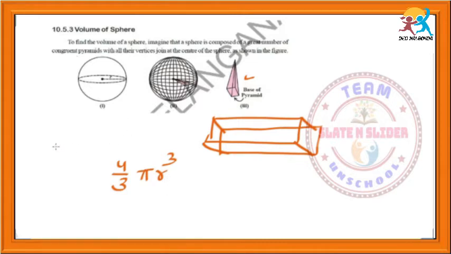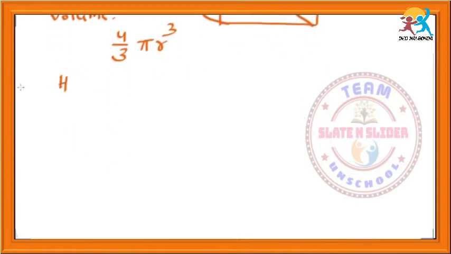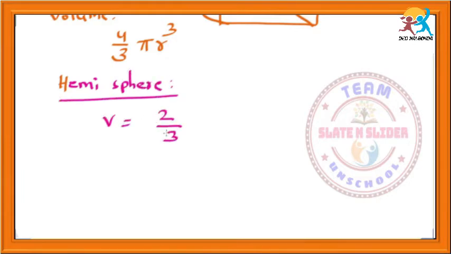This is the volume of the sphere. If you want to find out the volume of hemisphere, then what should we do? We have to make it half. So for the hemisphere, the volume is equal to 2 by 3 pi r cube.